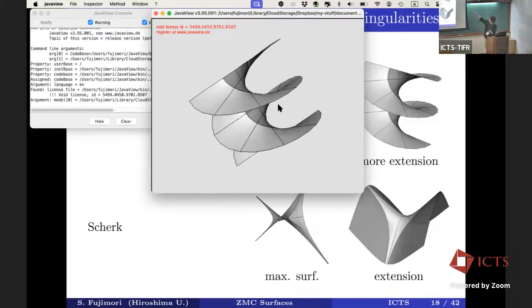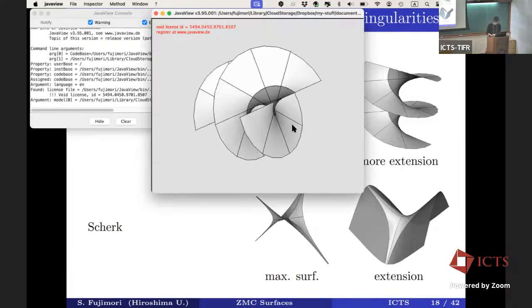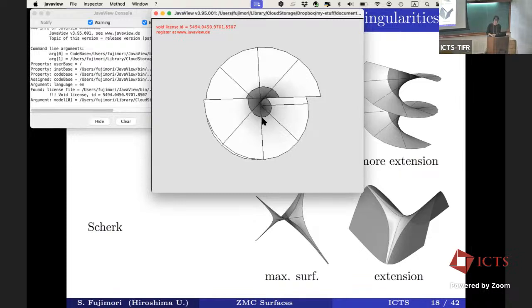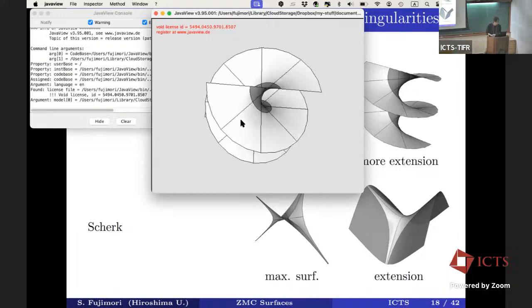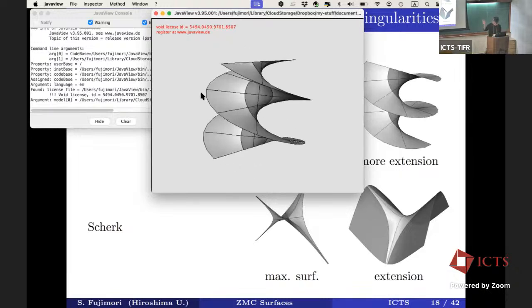The white part is the space-like maximal surface, and the inside black part is the time-like minimal surface. So this is an embedded zero mean curvature surface with no singularity now. It is a mixed type zero mean curvature surface in L3, exactly the same as the minimal helicoid in R3.